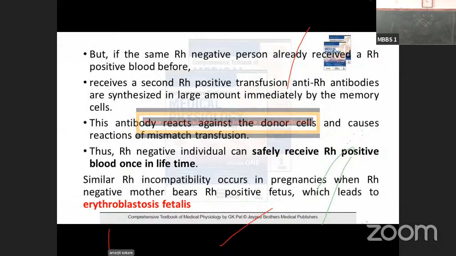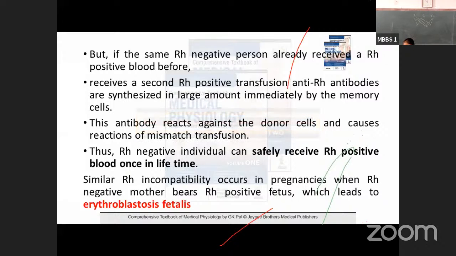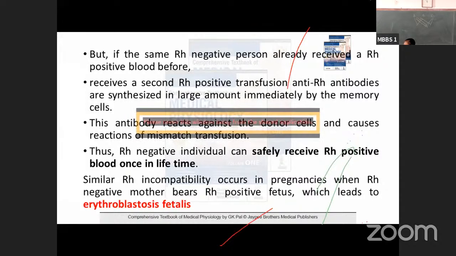What happens in erythroblastosis fetalis? The mother is Rh negative, the father is Rh positive, and the baby is Rh positive. What happens during parturition, or during the separation of the placenta?